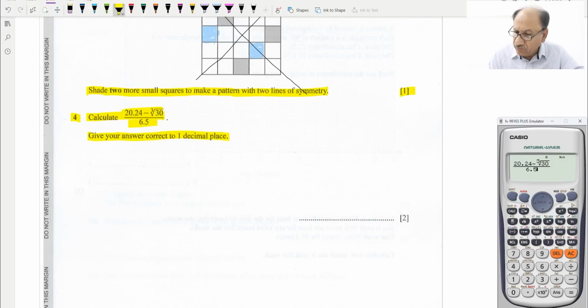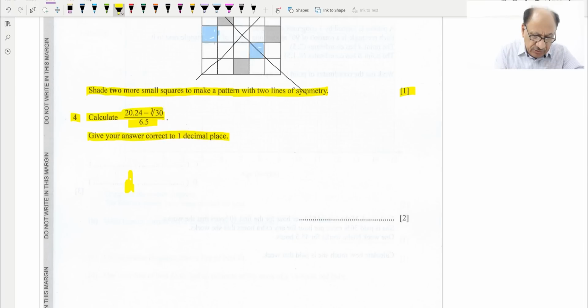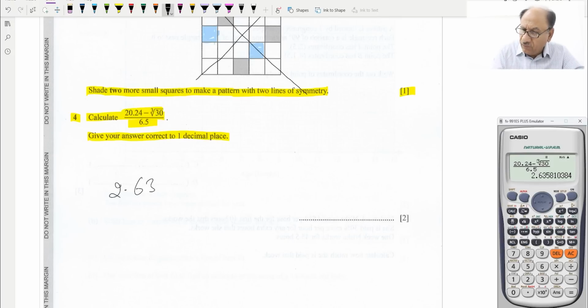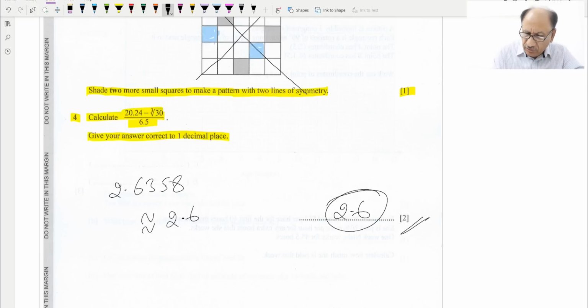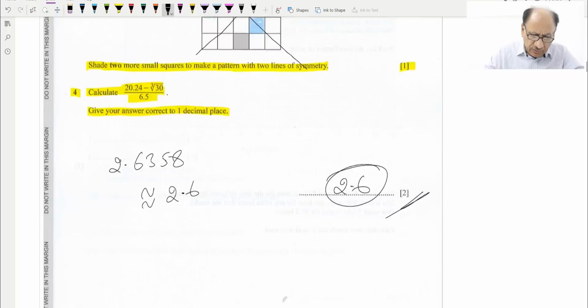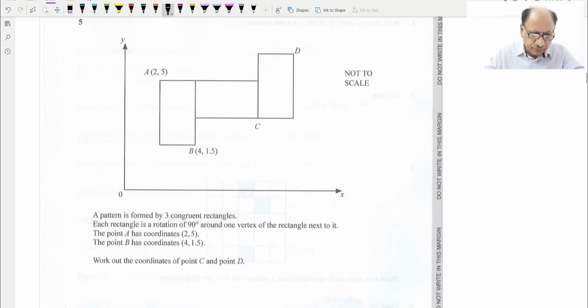The calculator gives 2.63, and the rest of the digits are 5, 8. If I write 5, 8 till here, we can round to 2.6, and 2.6 will be our final answer for 2 marks.